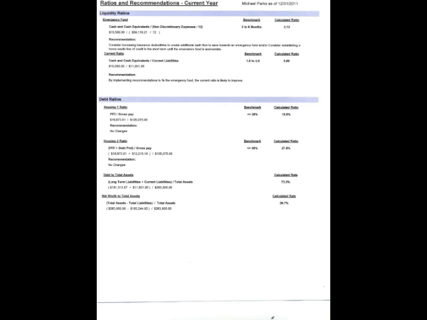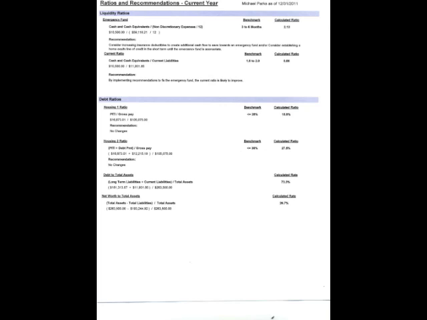On debt ratios, the benchmark for housing payments is that we like it to be below or equal to 28% of your gross pay. You guys are safely below that at 16%, so we don't have any worries there. And when we look at your housing payment in conjunction with other debt, we like the two in total to be less than or equal to 36% of your gross pay.